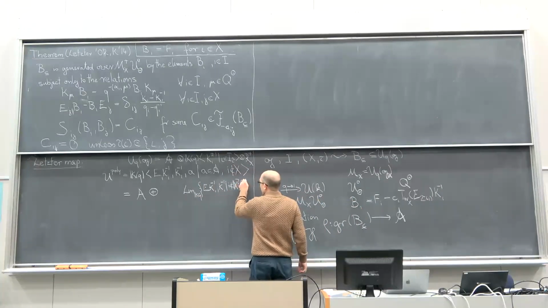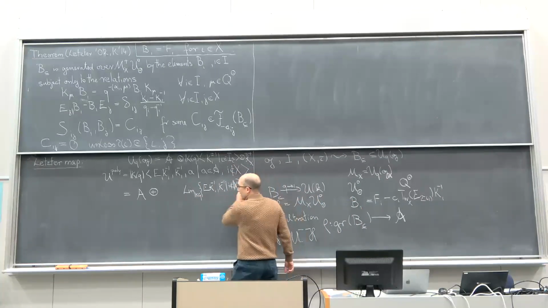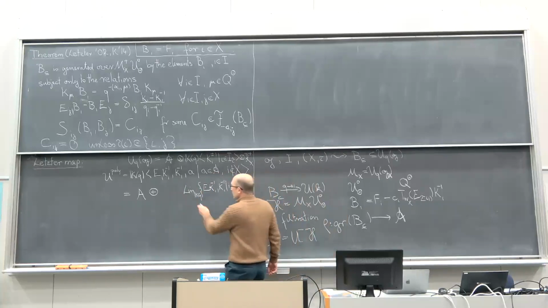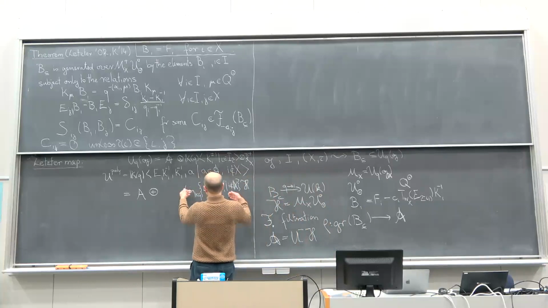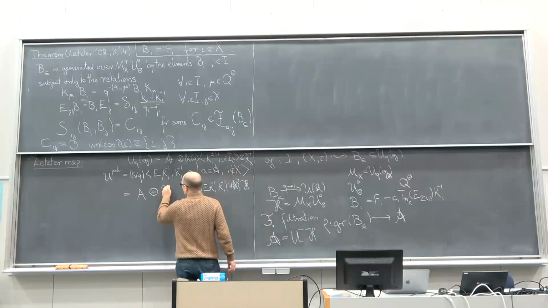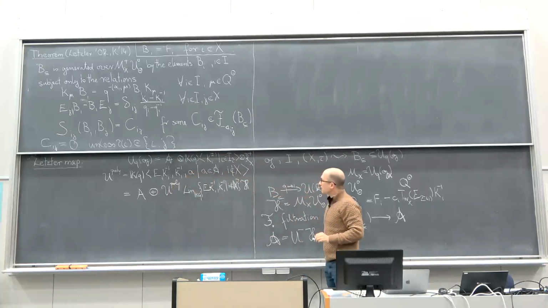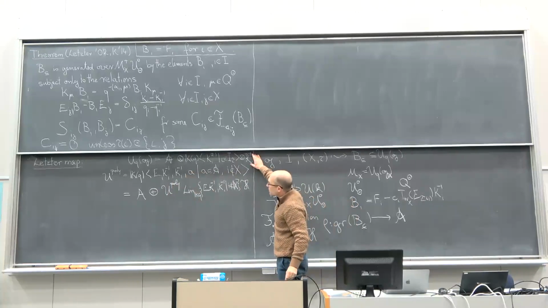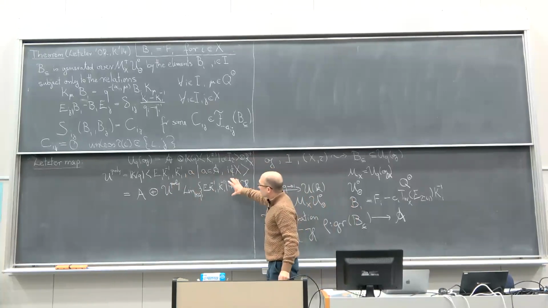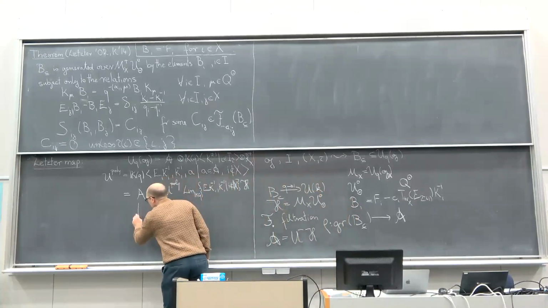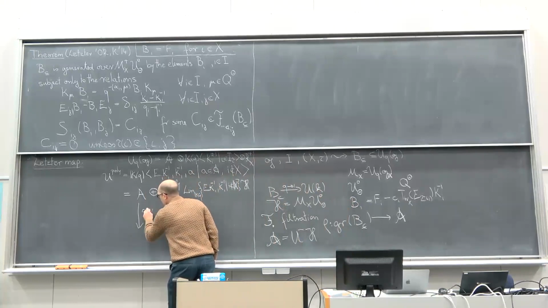So I may have some factors of H on the right and on the left. And moreover, I may have multiples of this, well, anything in the left ideal generated by this. So I can write this like so. So we get a direct sum. So the claim is because of the triangular decomposition of UQ of G, we get a direct sum decomposition like so. Okay, and so what I want to do now is I want to project this onto A.